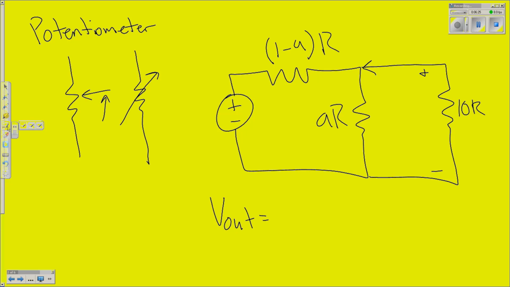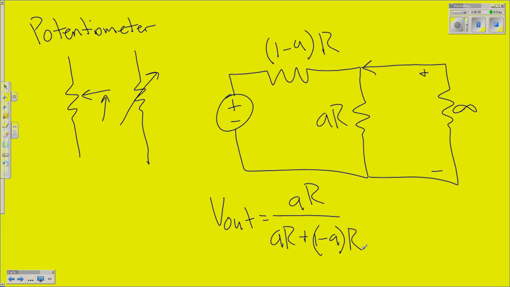And then what we have is identical to the first example, so we can follow the same steps. Alright, so R1 is AR over the total resistance: A times R plus 1 minus A times R.